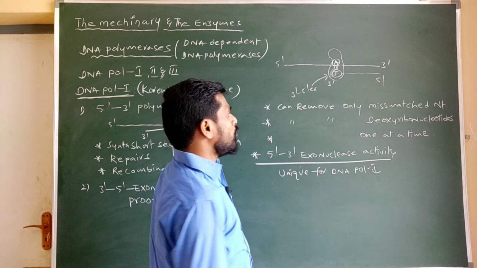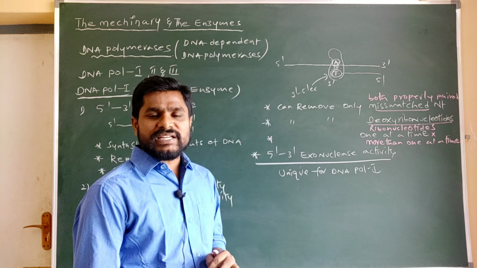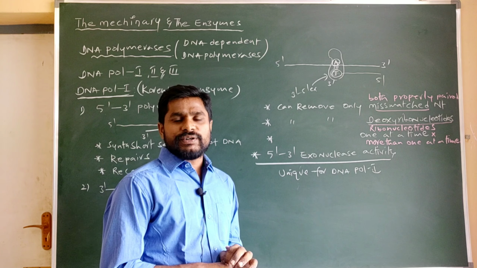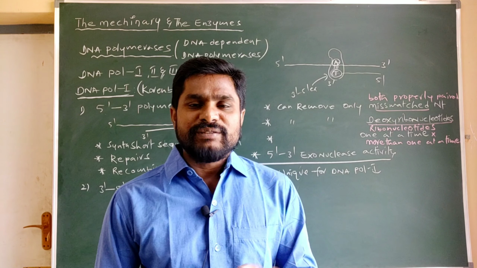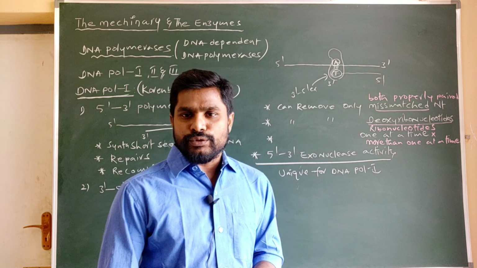In order to understand the limitations of 3' to 5' exonuclease activity and the capacities of 5' to 3' exonuclease activity, we need to go through initiation of DNA replication in brief and the nick translation mechanism of DNA repair. Let us move on to those.